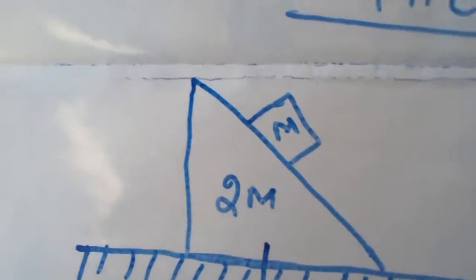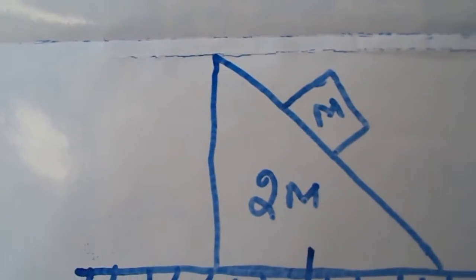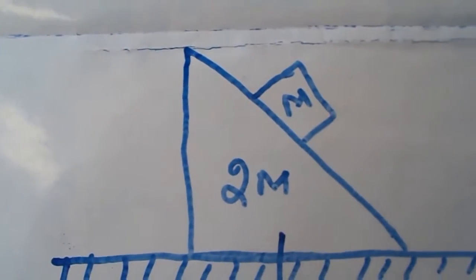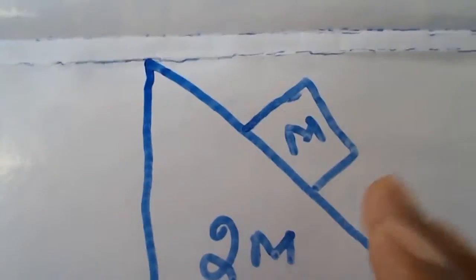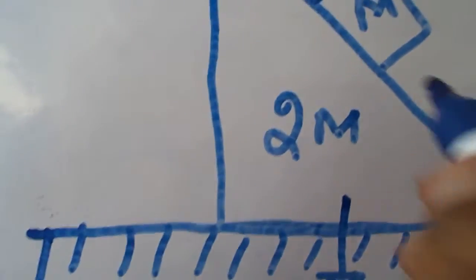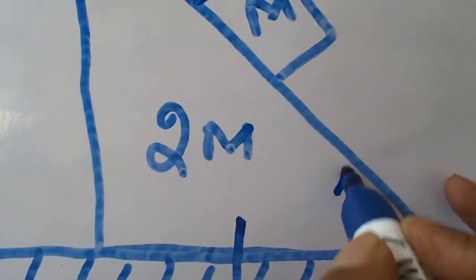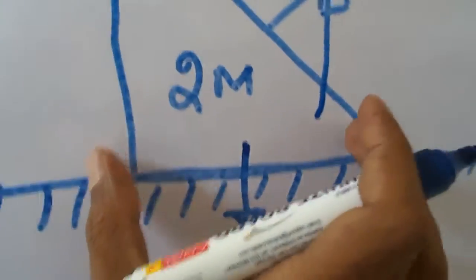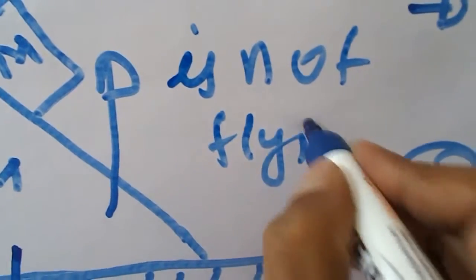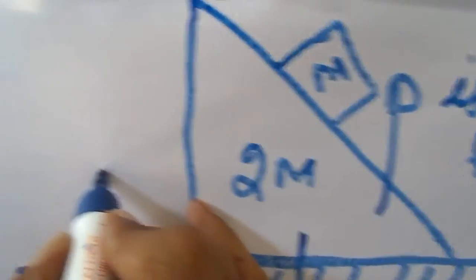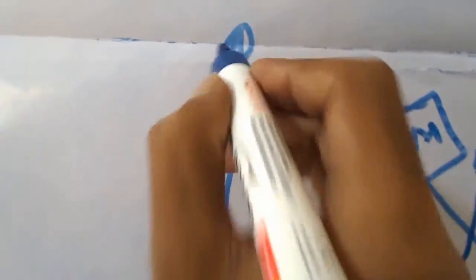Okay guys, so what is the first thing? The first thing is we have to realize what should be the direction of acceleration. Since this wedge is moving, one thing I am sure of is that it is not flying in air. This wedge is not just going to start flying in air, just moving upward.